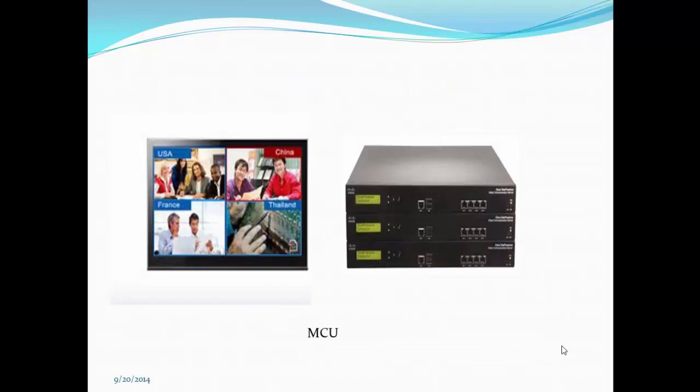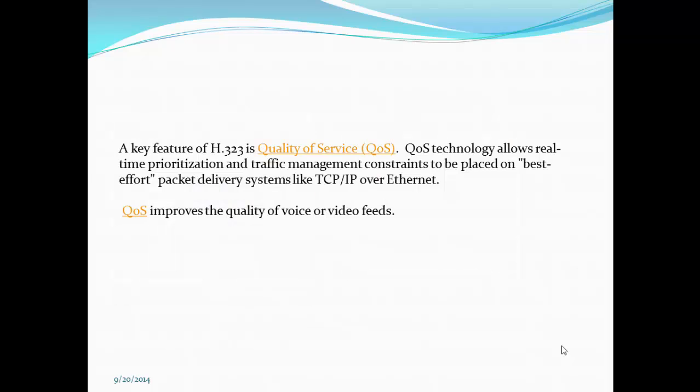In the next slide, here is an example of an MCU, multipoint control unit. Okay. A key feature of H323 is quality of service, which allows real-time prioritization and traffic management constraints to be placed on best-effort packet delivery systems like TCP/IP over the internet.